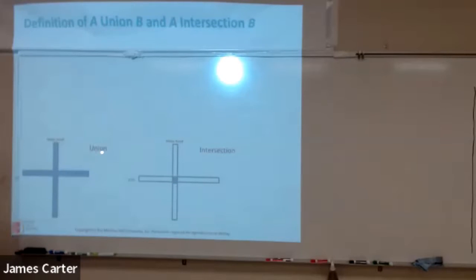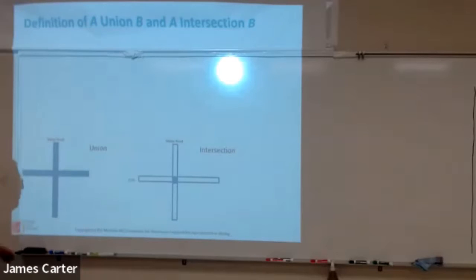Two of the terms that we're going to have are union and intersection. When you have a compound statement, it can either be considered a union or it can be considered an intersection. And there are some clues we'll get to in a moment to determine which it will be in a given problem.